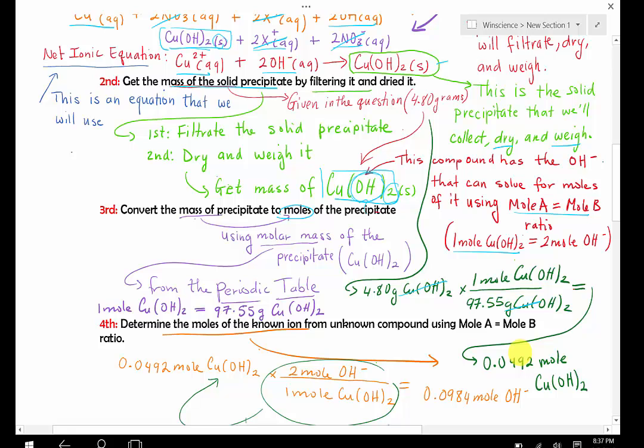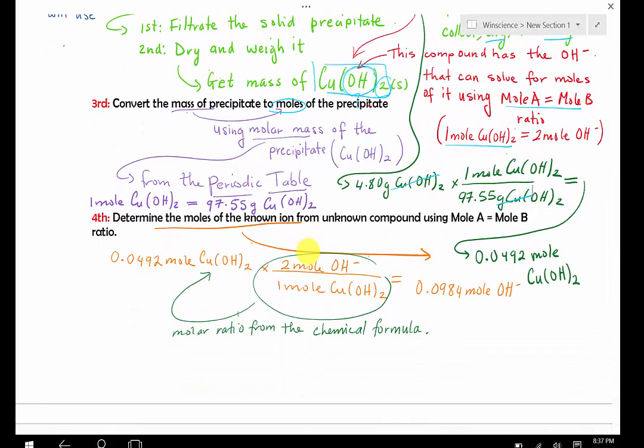Isn't that beautiful? Because with mole, we can now convert it and find what? The ions of hydroxide which exist in our unknown sample, using our mole A to mole B ratio. Here I have my moles of copper 2 hydroxide, and we get our mole ratio from the chemical formula itself, 1 mole of copper hydroxide relative to 2 moles of hydroxide.